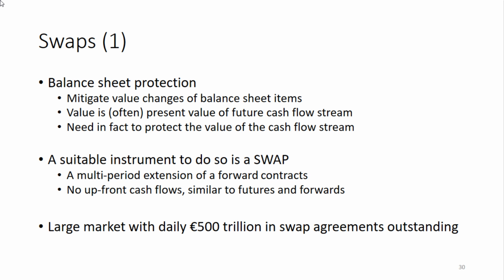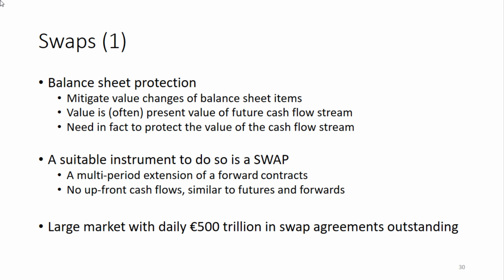So if there are elements of uncertainty both on the asset cash flows and the liability cash flows, then these uncertainties, which often have to do with interest rate uncertainty and/or currency uncertainty, then the swap is the typical instrument to apply to mitigate or to hedge these risks.